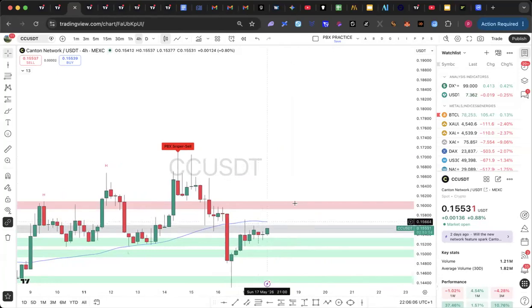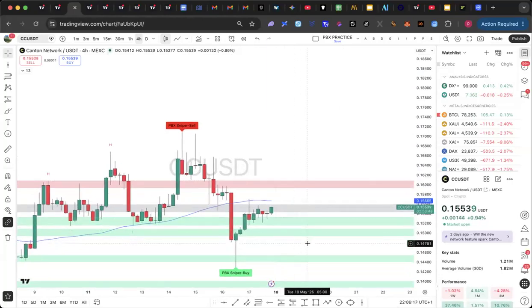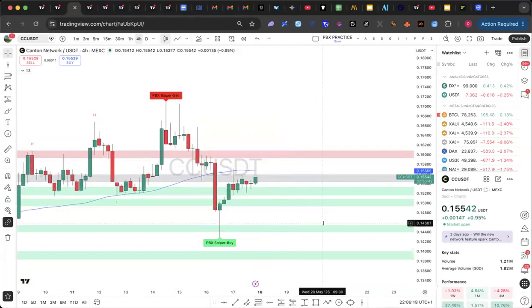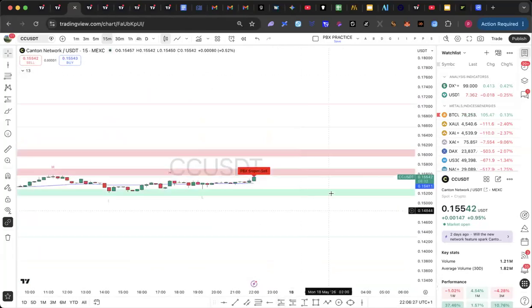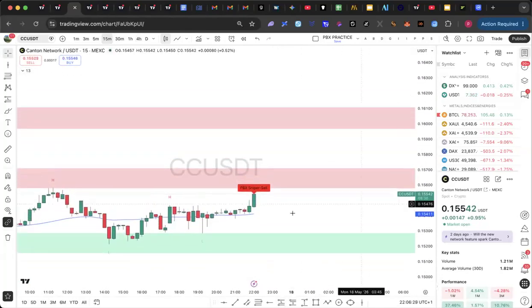What I would advise is that if you must buy any of those tokens, just allow Bitcoin to close for today first before buying them, and be ready not to fear, because it's within just internal structure right now. You can't find a buy now. Let me go to 15 minutes. You can see it's within the internal structure.